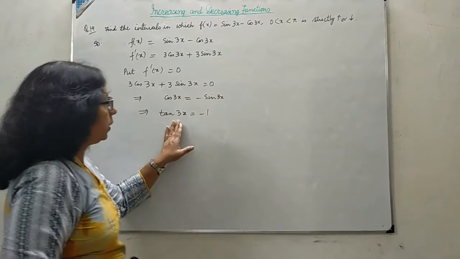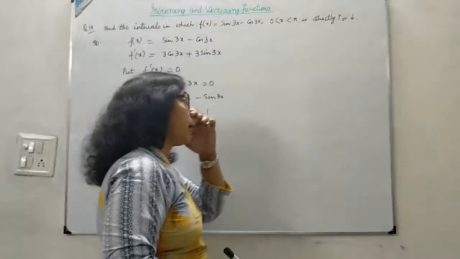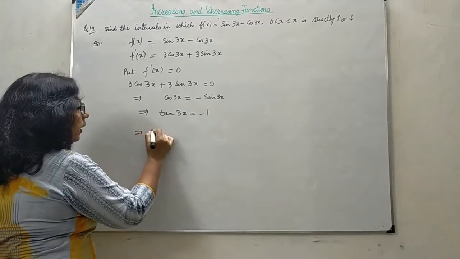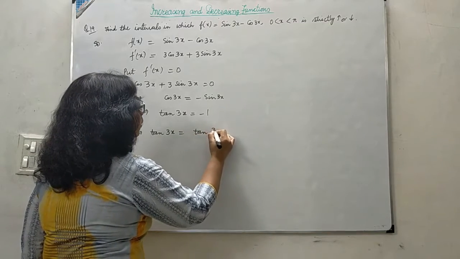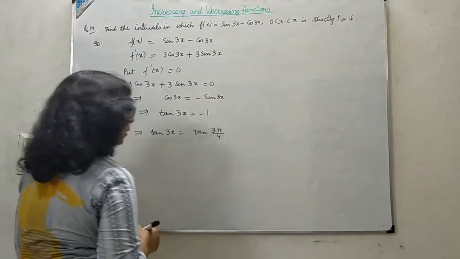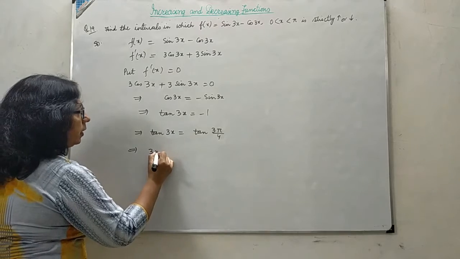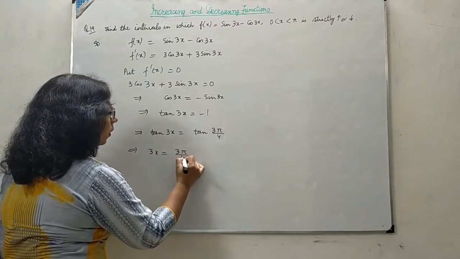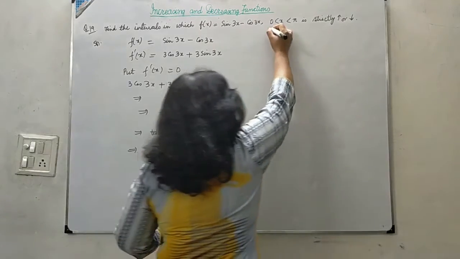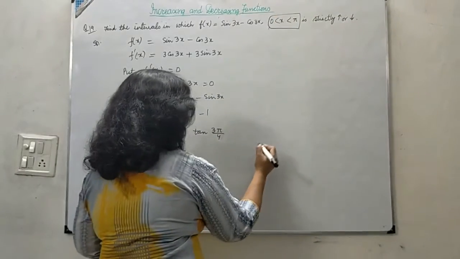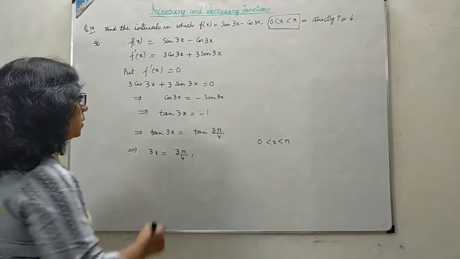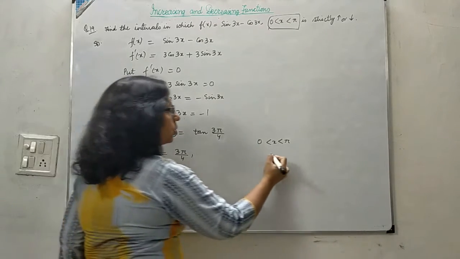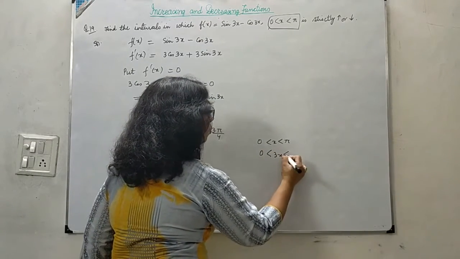Now tangent is minus 1 when the angle is pi by 4 in magnitude. So I can take the values as in the second quadrant, tangent 3 pi by 4 etc. So from here 3x is 3 pi by 4, and x is lying between 0 to pi. Please see, when x is lying between 0 to pi, because here it is 3x, 3x will be lying between 0 to 3 pi.